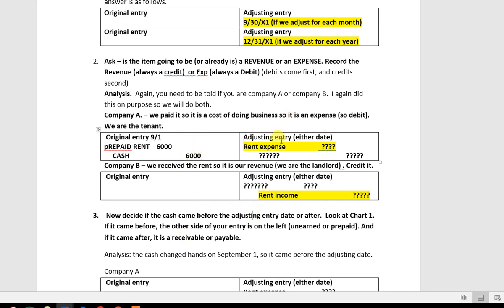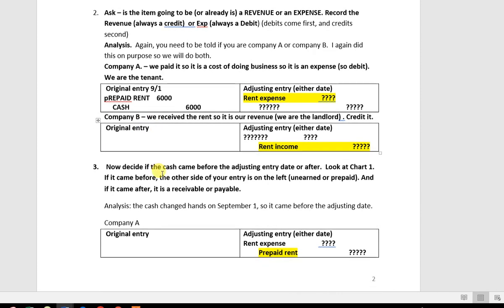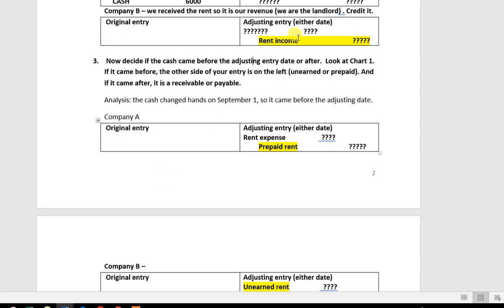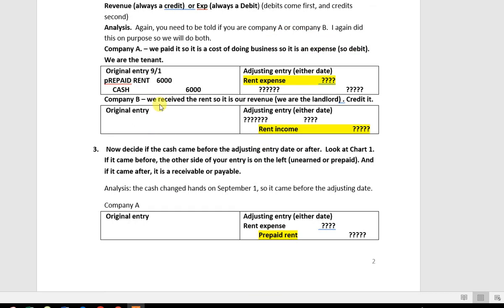Okay, but first I ask myself, is a revenue or expense? It's an expense, so we are the tenant, so I debit the expense, and then I ask myself, what is the credit? Okay, now if we're doing it for Company B got the cash, so I'm going to debit cash of $6,000, and I'm going to credit unearned rent.